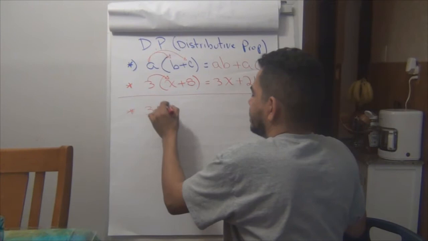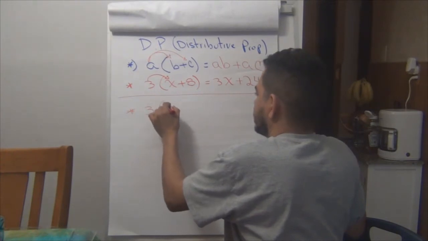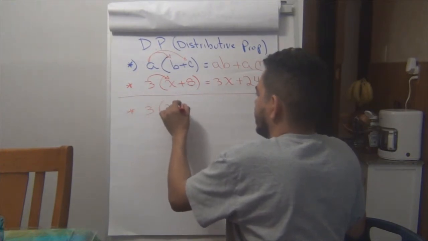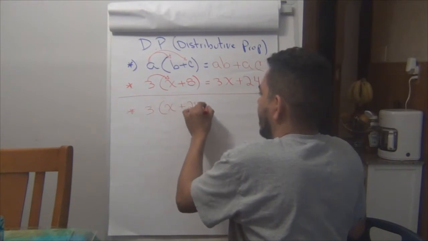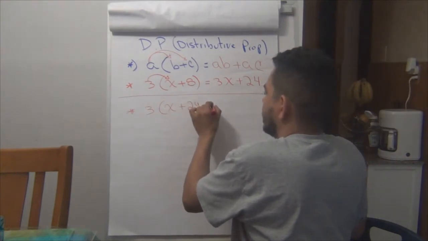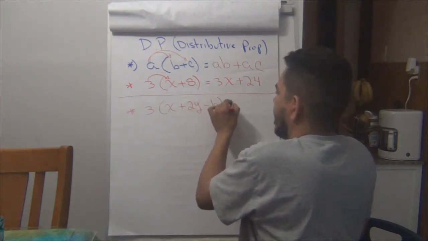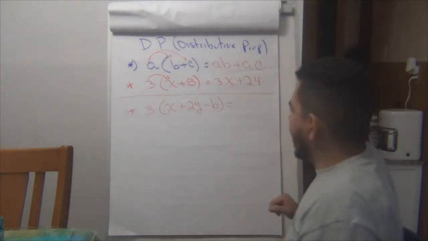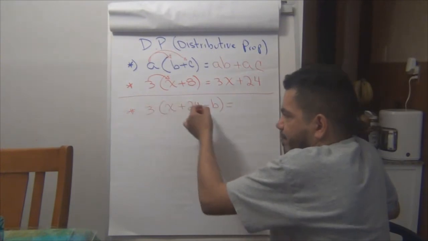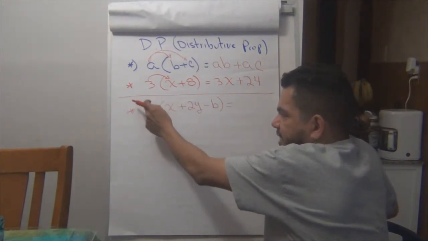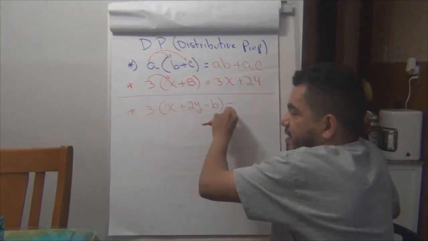Three times the quantity x plus 2y minus b is the same thing as, and then we use the distributive property, where we multiply everything outside the parentheses times everything inside the parentheses.